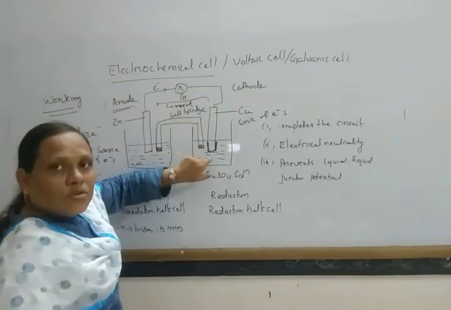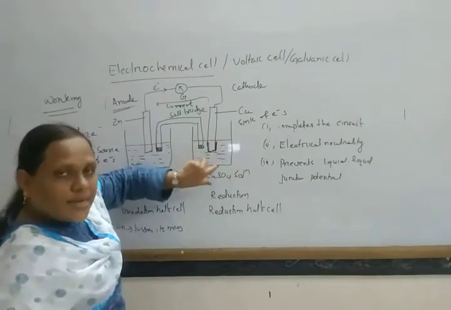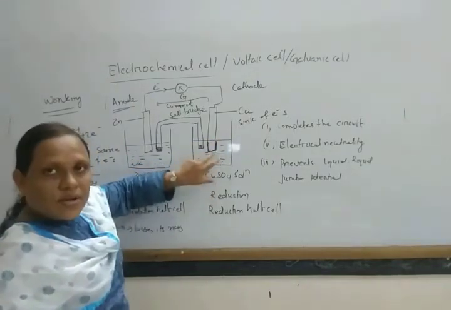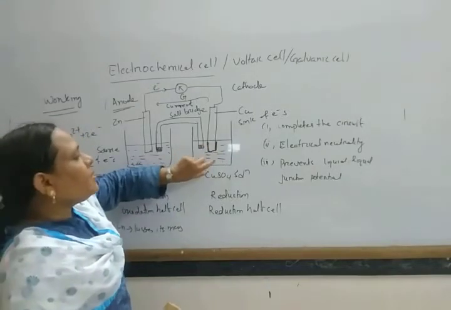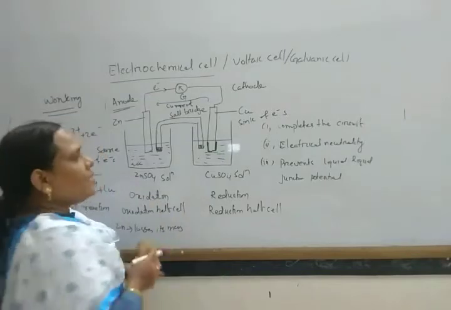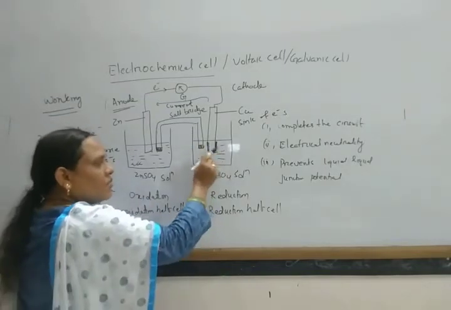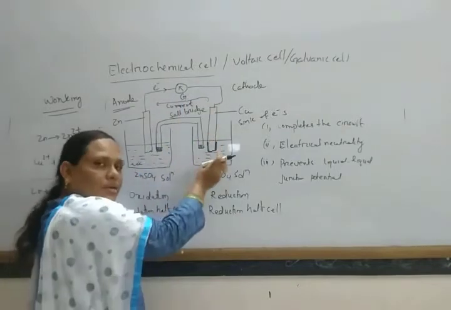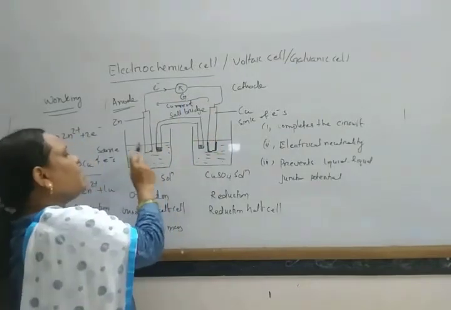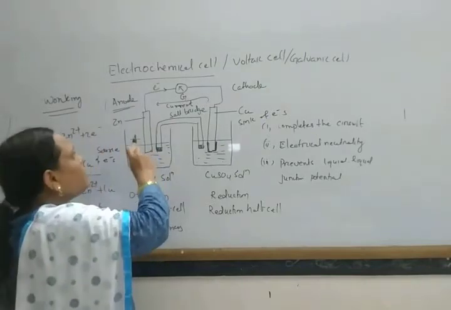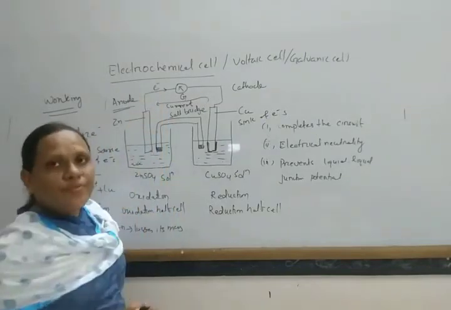Similarly, if more sulfate is present in this reduction half cell, or cathodic cell, it does not receive the electrons, because sulfate is negatively charged and this negative charge is present in larger amount here. In this way, it does not receive the electrons.